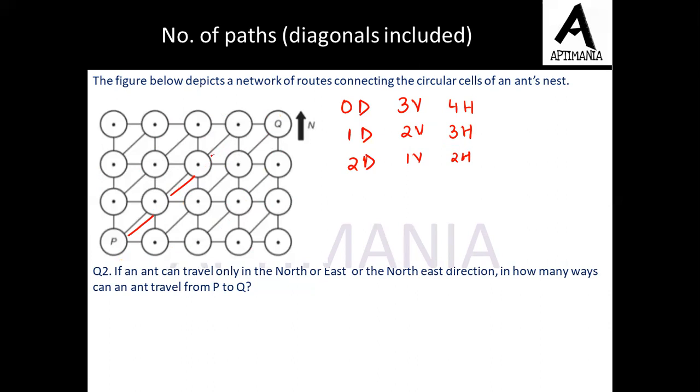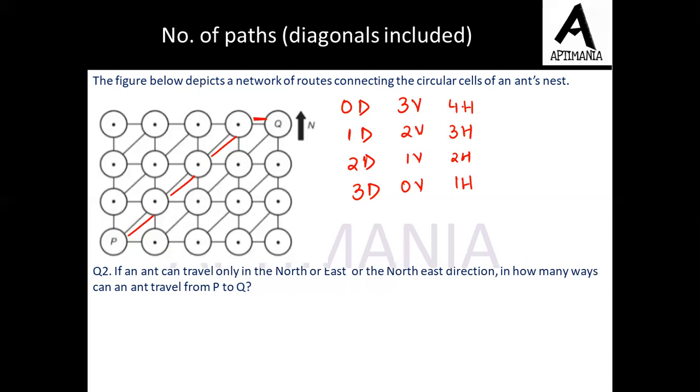It will be 3 diagonals. So what I'll be left with is only one horizontal step. So 3 diagonals with 0 vertical and 1 horizontal step. So these are the different cases that we can frame for the ant reaching from P to Q, considering horizontal, vertical and diagonal steps.